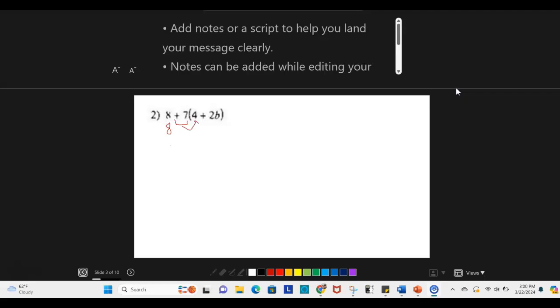So that would be 8 plus 7 times 4. And then you've got to distribute the 7, positive 7 times positive 2b. So positive times a positive is still another positive.